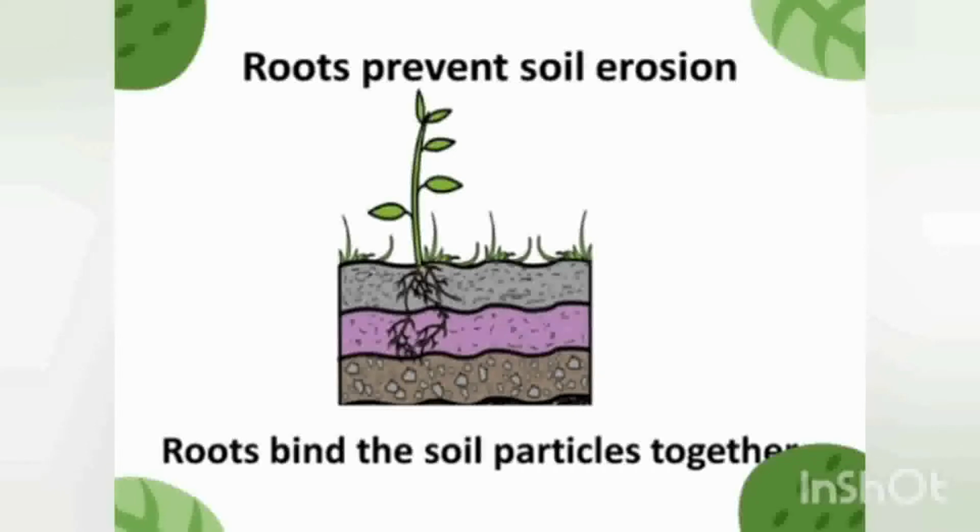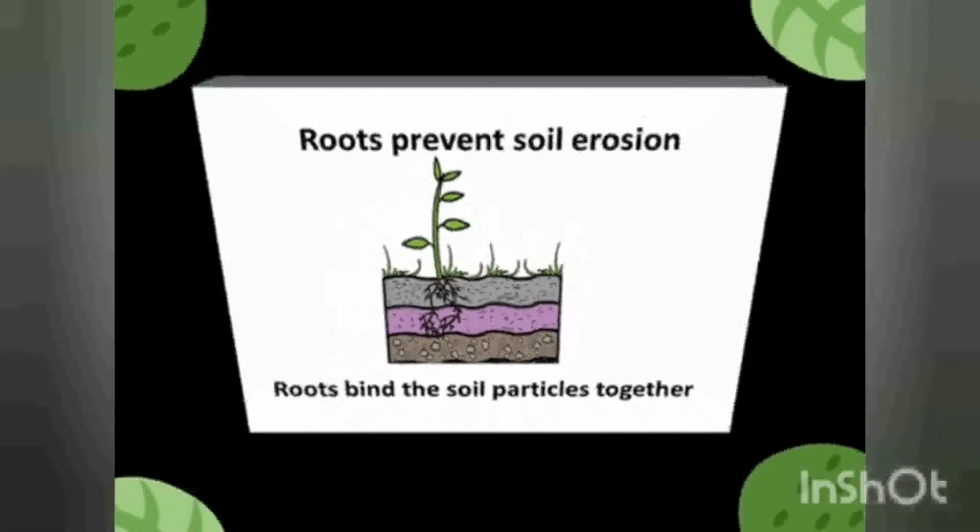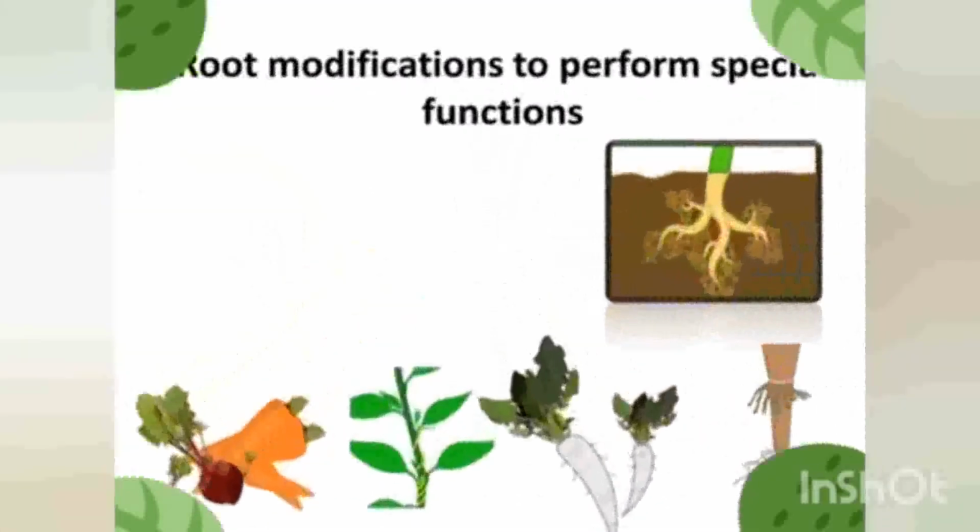Hence, we can say the roots prevent the soil erosion, that is, the washing away of the soil particles due to wind, rain, etc. You know, apart from these tasks, in some plants, the roots perform some special tasks.